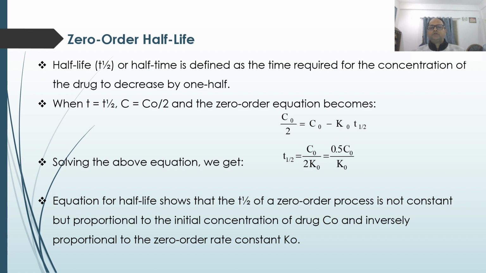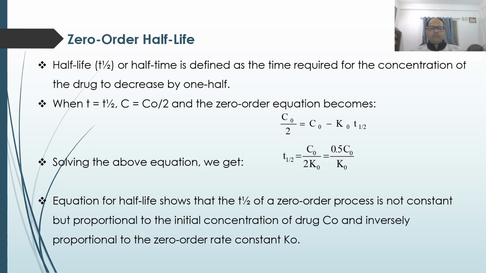After simplification, simple mathematics, you will get the final equation: T half is equal to C0 by 2 K0, or you can write 0.5 C0 by K0.